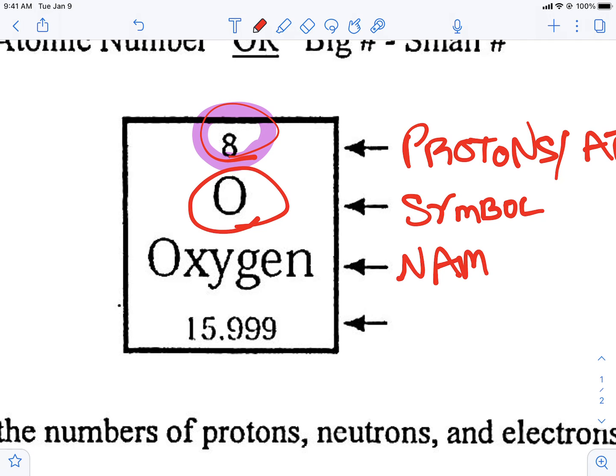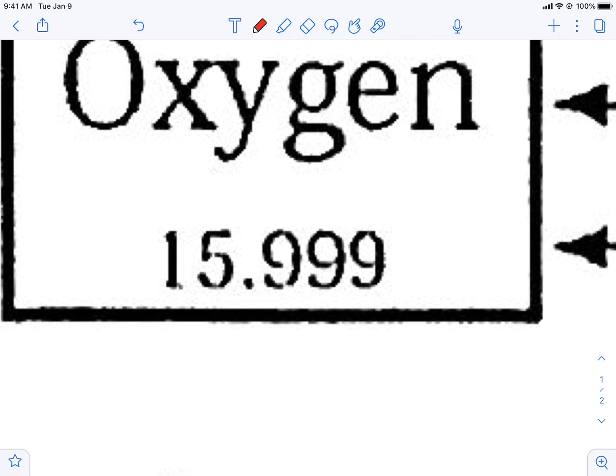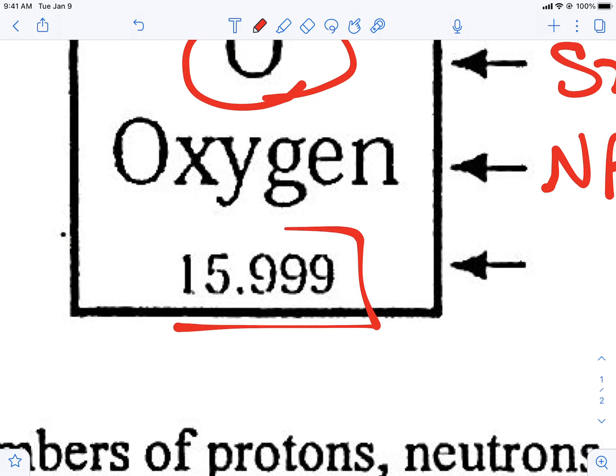And then the final number, probably the most important number, or the most tricky at least, is called the mass number. Notice that every box is most likely going to have a decimal for a mass number. There are some exceptions, but the thing about the mass number is it is an average for all different varieties of oxygens.